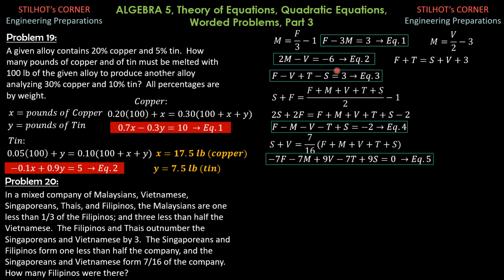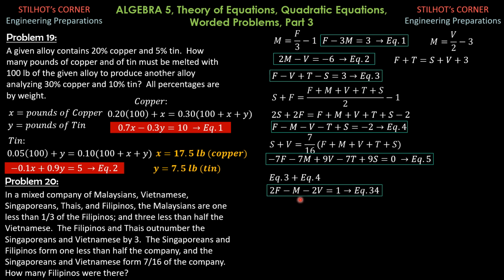Then we add equations 3 and 4 so that we have only 3 unknowns. If we add equations 3 and 4, Thais and Singaporeans will be eliminated, leaving Filipinos, Malaysians, and Vietnamese as the unknowns. So we can solve the problem using 3 equations and 3 unknowns. After we add, we have 2F minus M minus 2V equals 1.